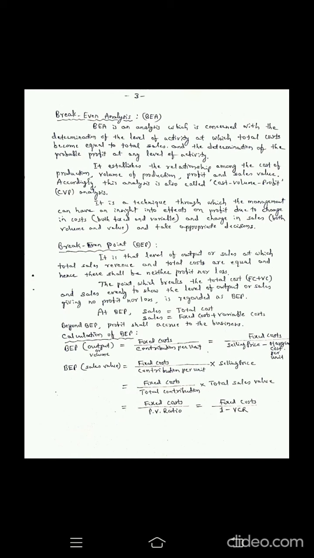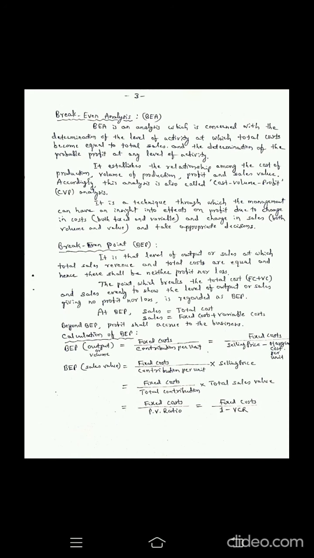This concept of contribution is already explained. So contribution per unit is equal to selling price minus marginal cost per unit. So BEP, when we divide fixed costs by contribution per unit, we will obtain what is called break-even point in terms of volume.